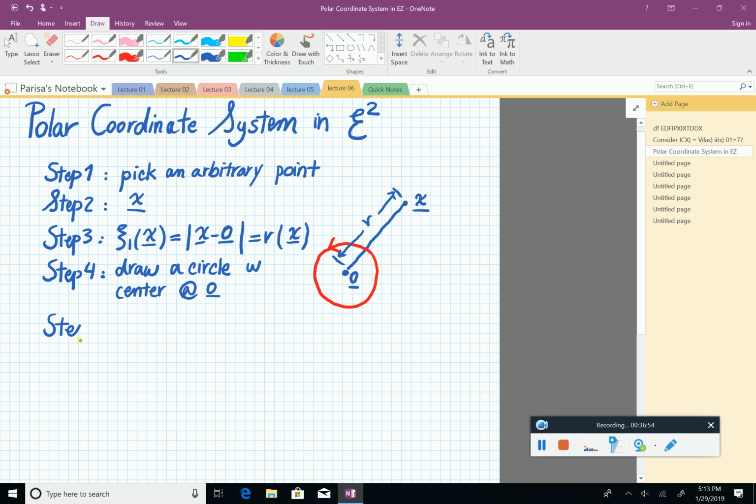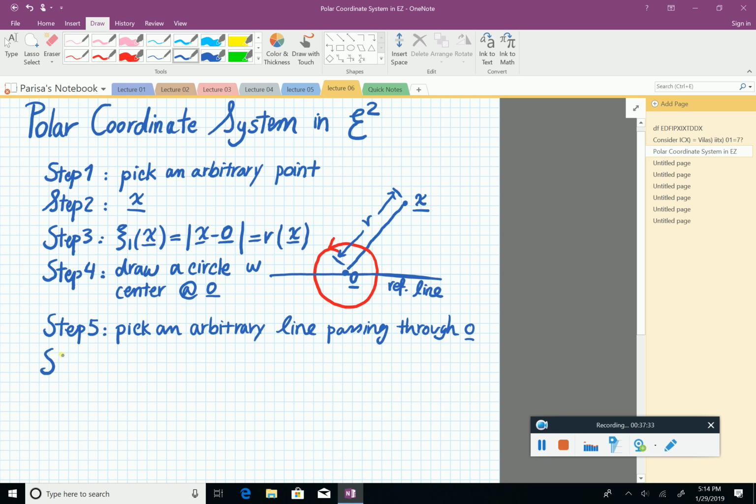I also have to draw one arbitrary line which passes through O, which sometimes we call the reference line.